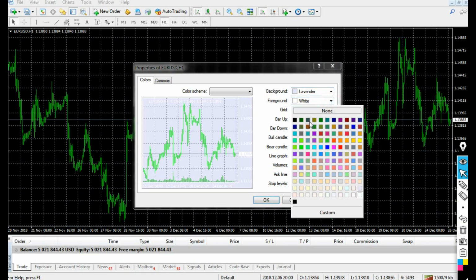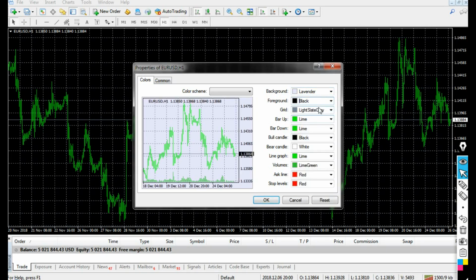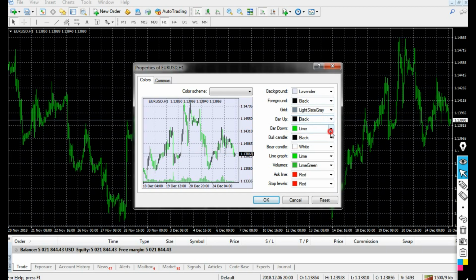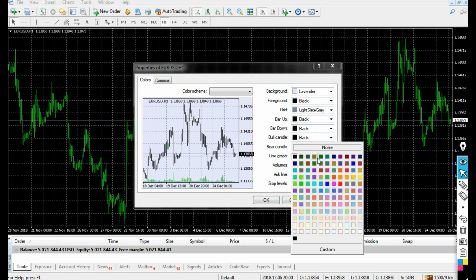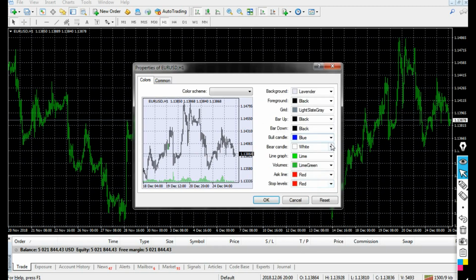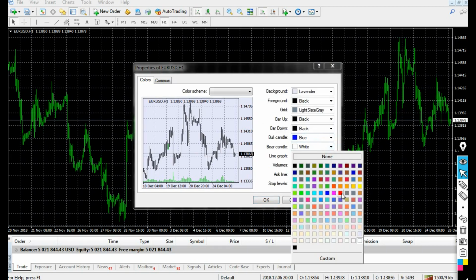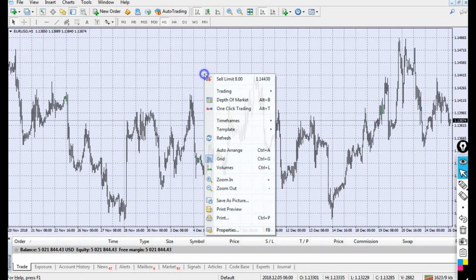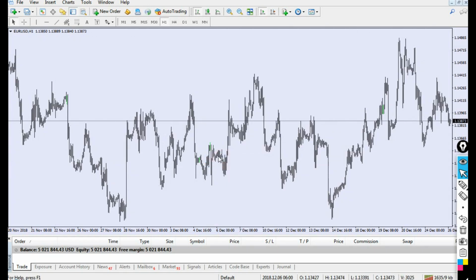And the foreground is of course black, and grid light gray, no problem. Bar up and bar down black, and the bull candle we take blue, and the bear will be red, and everything is now set. The next thing is you have to turn off the grid option.